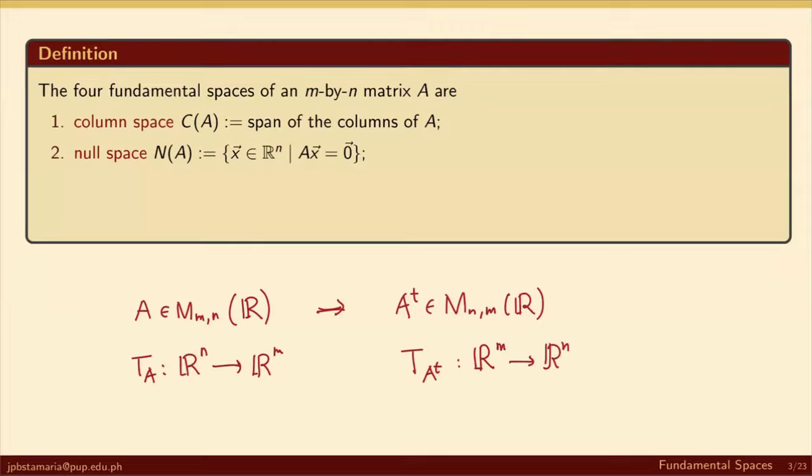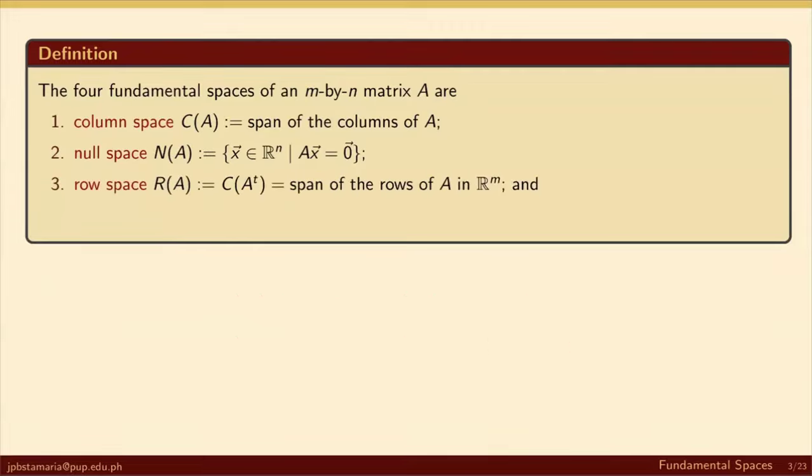Okay? So we can take the column space of the transpose of A. But because upon doing the transpose of A, the rows become columns and columns become rows, the column space of the transpose is basically the span of the row vectors of A. And this is why this space is what we call the row space of A.